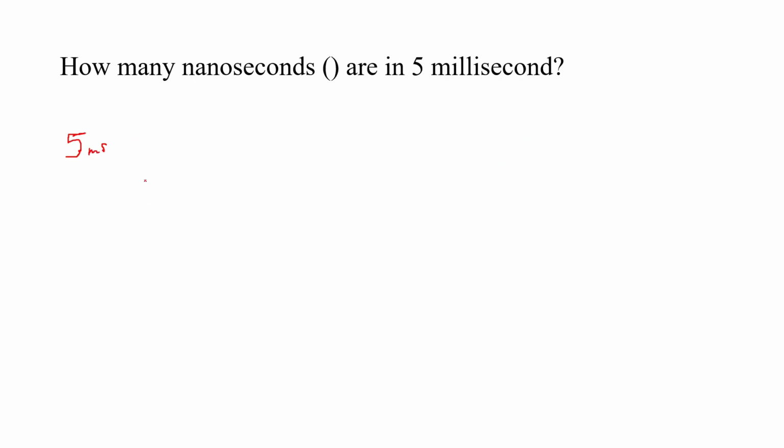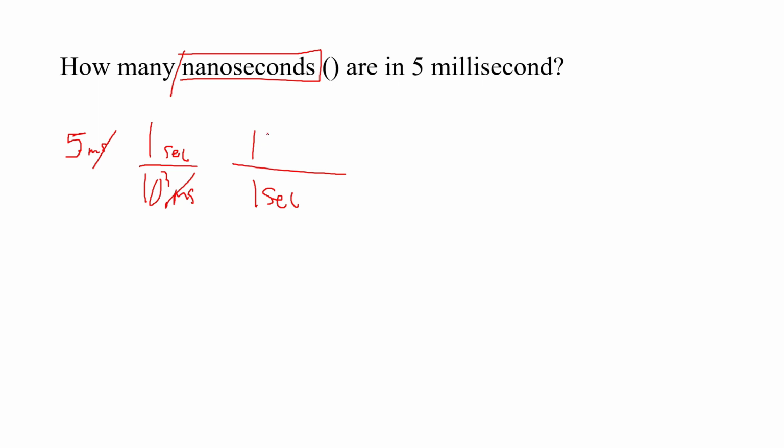But we want to cancel out the units. So I'm going to have milliseconds on the bottom and seconds on the top. So you see right here, milliseconds cancel, we're left with seconds, and now we want to convert into nanoseconds. So we're going to do the same thing, but with nanoseconds. So it's going to be 1 second and 10 to the 9th nanoseconds.